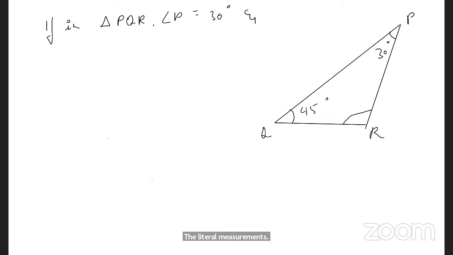And angle Q, 45 degrees. Then find the measure of angle R.